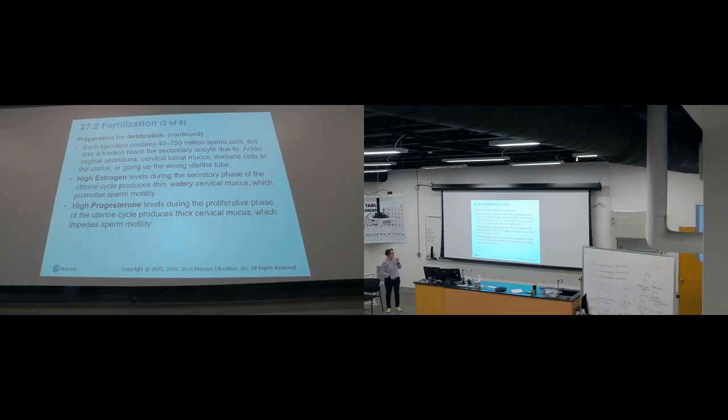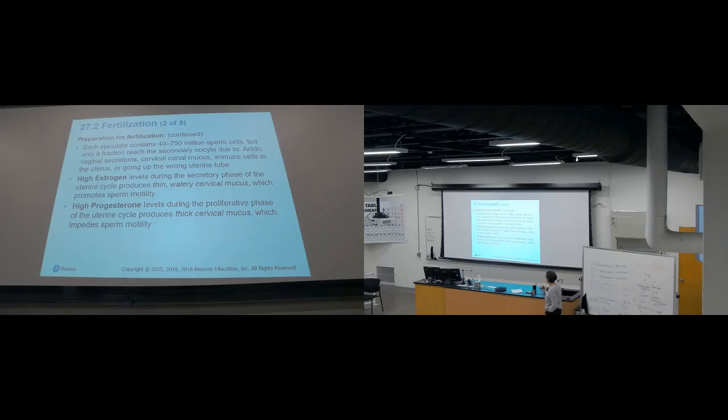Something that happens during the first stage of the menstrual cycle, the proliferative phase, is that you have high levels of estrogen, and that makes the cervical mucus more watery. That promotes sperm motility.